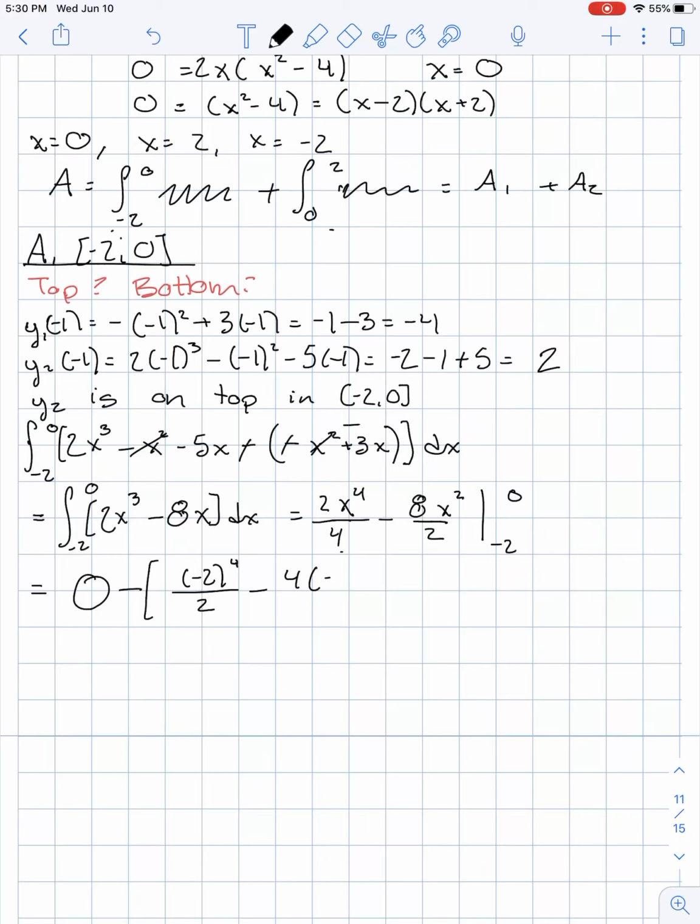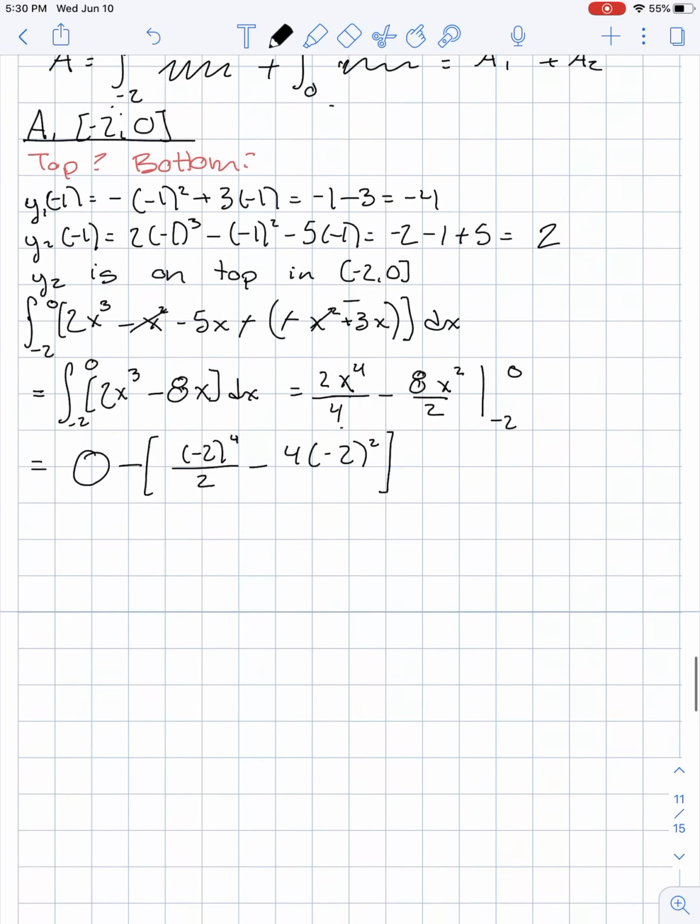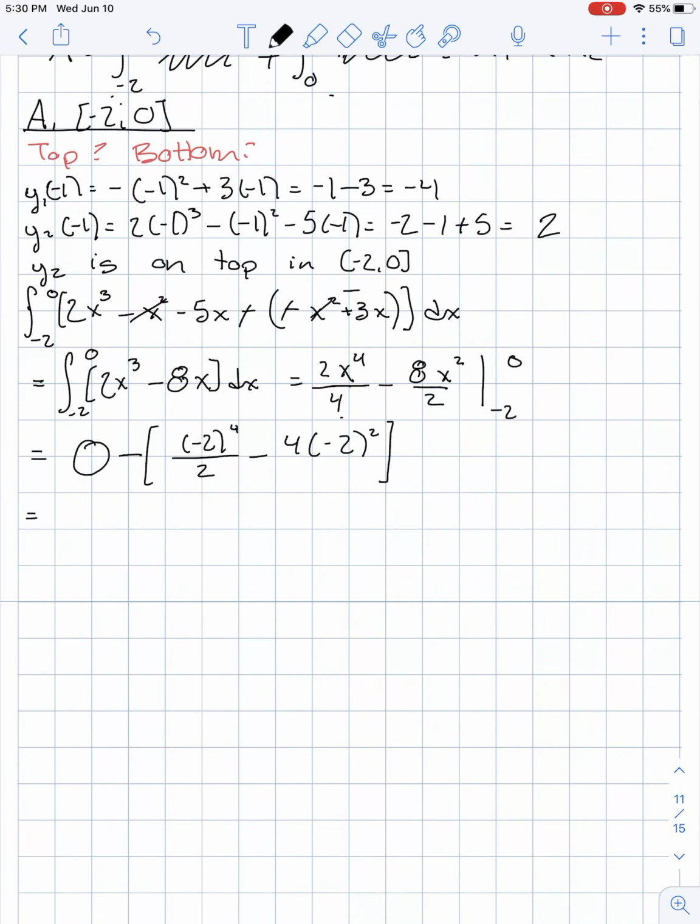Minus 8 divided by 2 is 4, so this is going to be 4 times negative 2 squared. Don't forget this negative out front. It'll ruin your whole answer if you forget about it. So this is going to be negative 2 to the 4th is 16 divided by 2, so 8, minus 2 squared is 4. 4 times 4 is 16.